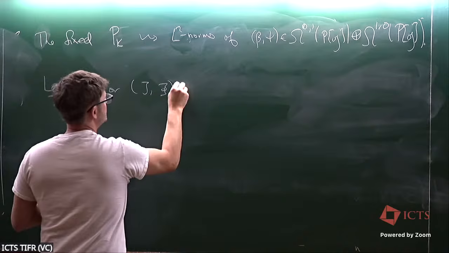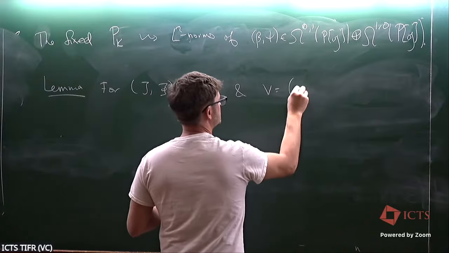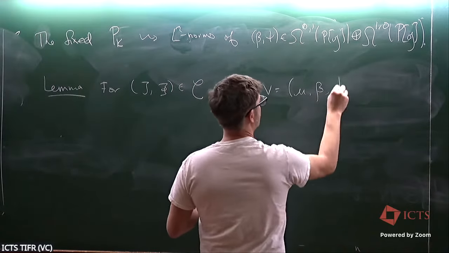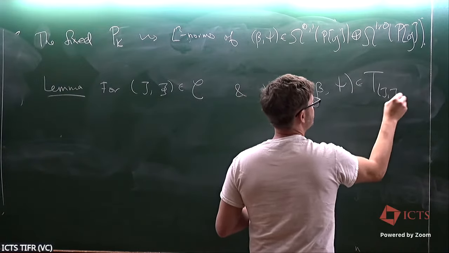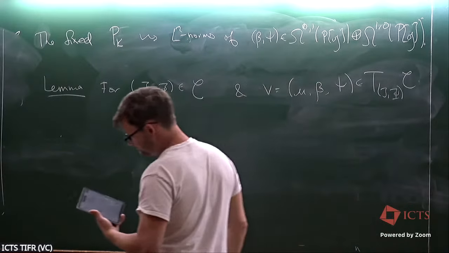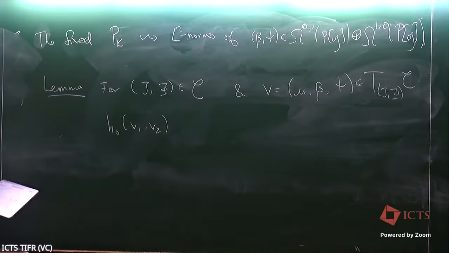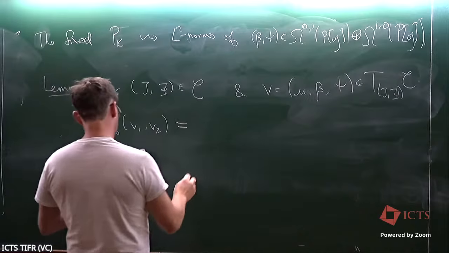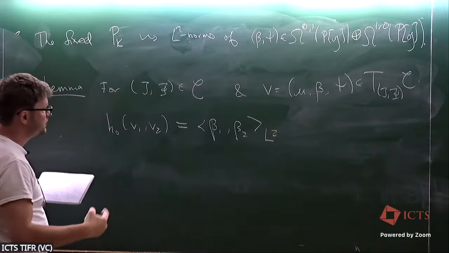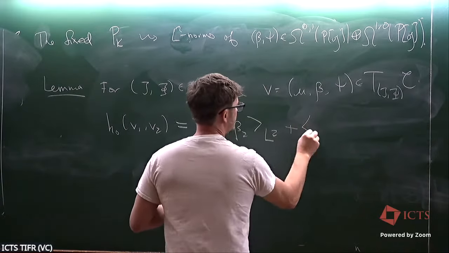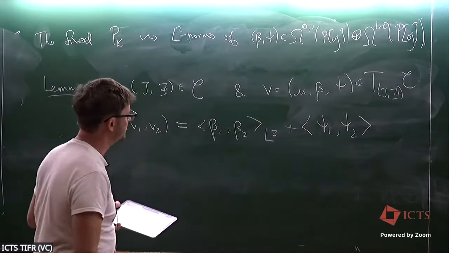For J, phi, and C, this configuration space, and a vector V, which I'll write as mu, beta, psi, a tangent vector, H naught of V1, V2 is equal to, well, I take just the L2 inner product of beta 1, beta 2 plus the L2 inner product of psi 1, psi 2. Okay, so mu hasn't shown up at all.